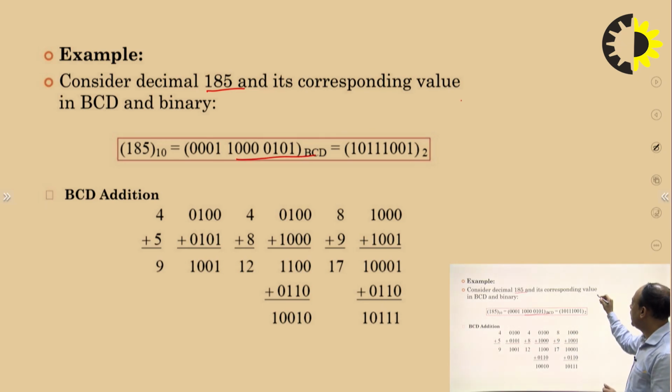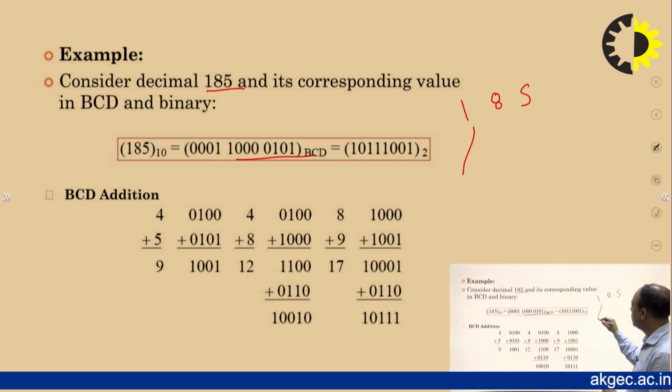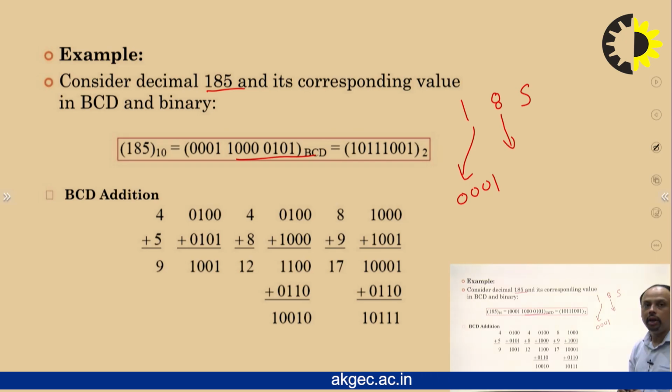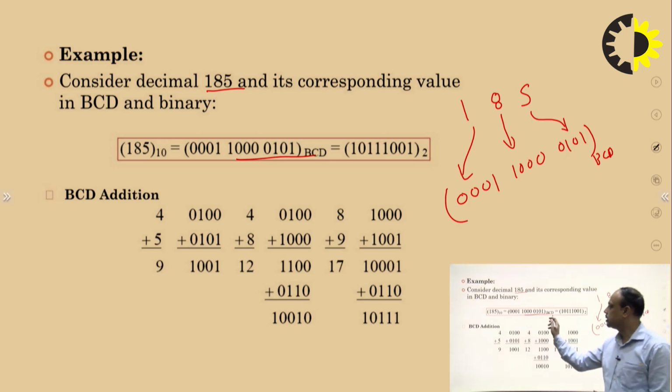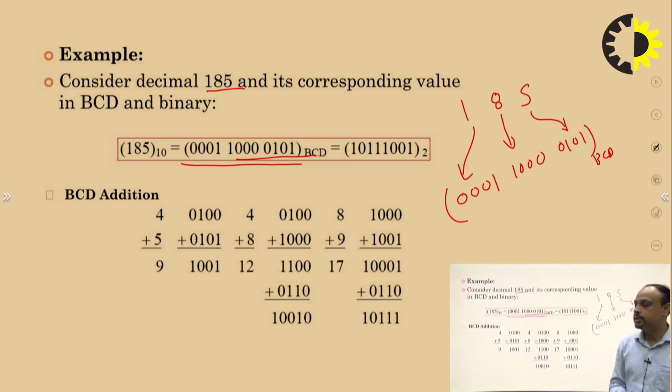If we have the number 185, a decimal number, and we want to convert it into a BCD number, we directly write the 4-bit code equivalent of each digit: 0001 for 1, 1000 for 8, and 0101 for 5. So, this is the BCD representation of the number, and it is different from the binary representation, as you can see over here.